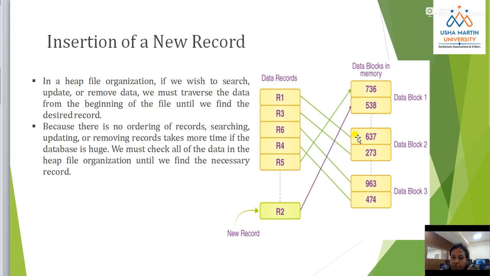That means for searching our particular desired record, we have to search continuously. So this is the main method for storing data in data blocks in heap file organization, the overall basic idea of heap file organization.